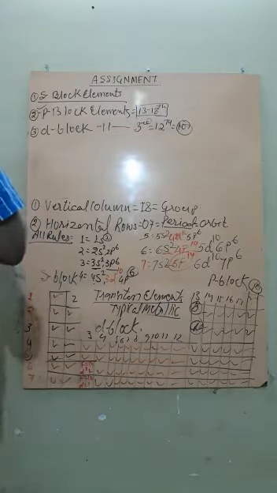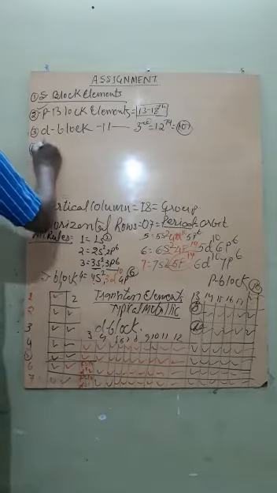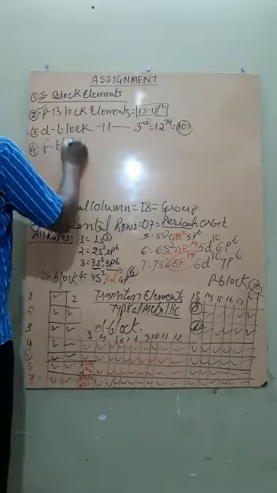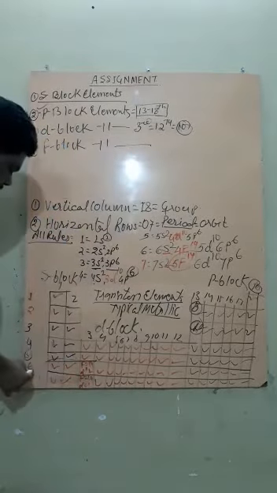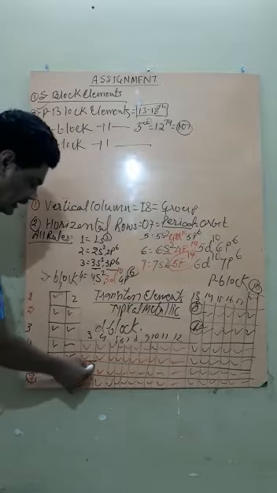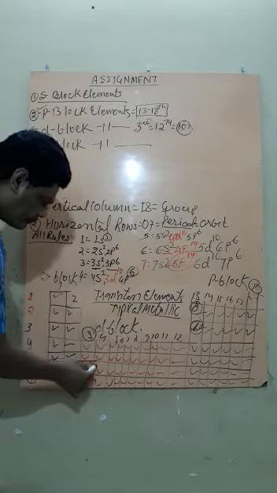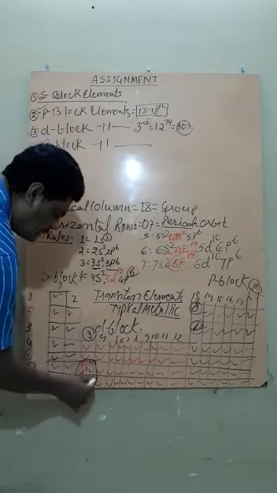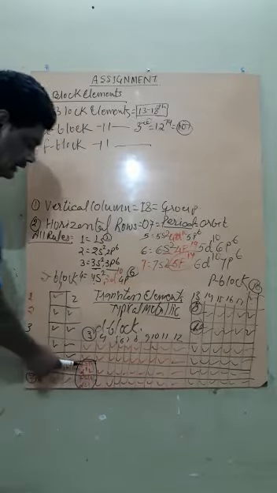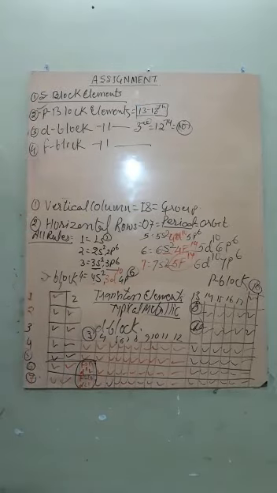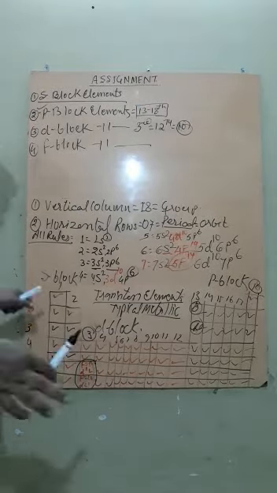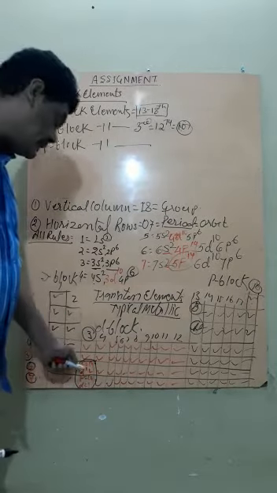Now the next block is called the F block elements. Students, I showed you here shell number 6 and shell number 7. Here in the third group there is the position of F, in the same group, in the 6th and 7th period. But in the main modern periodic table there is no place for them.